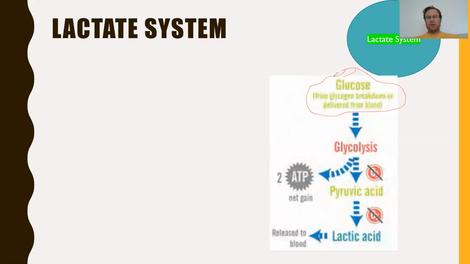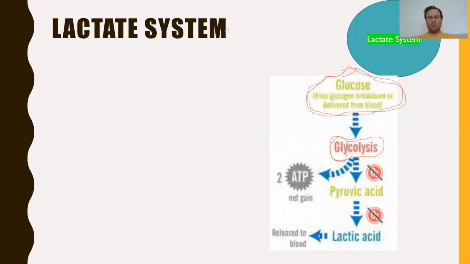So glucose is the start point for this system. It undergoes a process called glycolysis. Anywhere where you see an "olysis", it means a breaking down. So this is just a breakdown of glycogen and glucose, our body's carbohydrate.